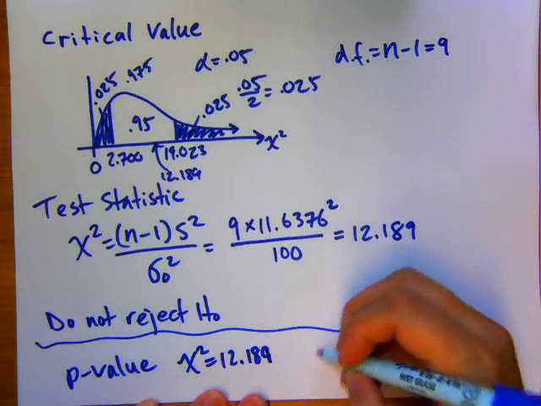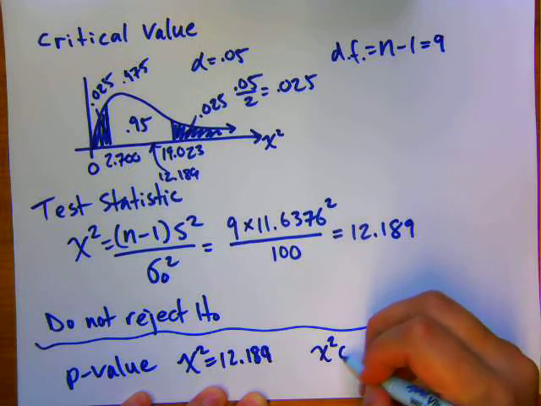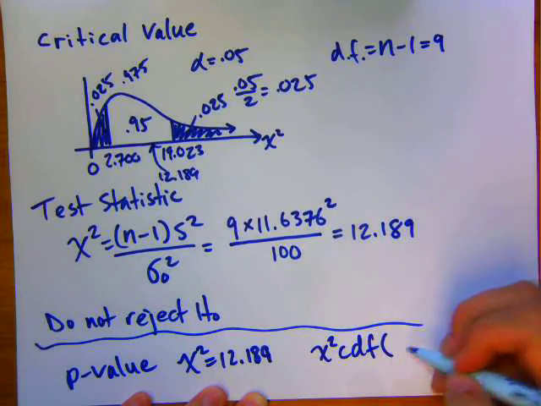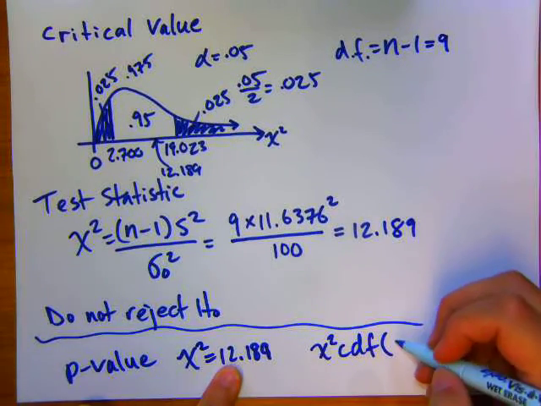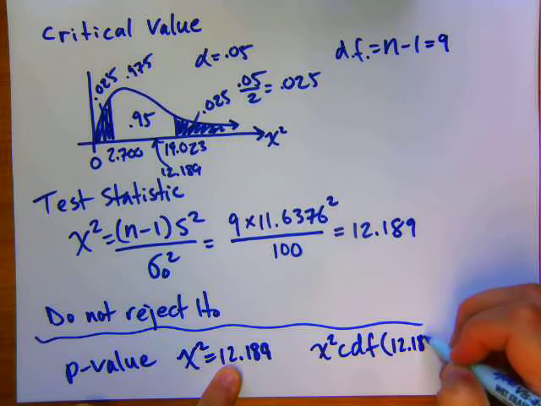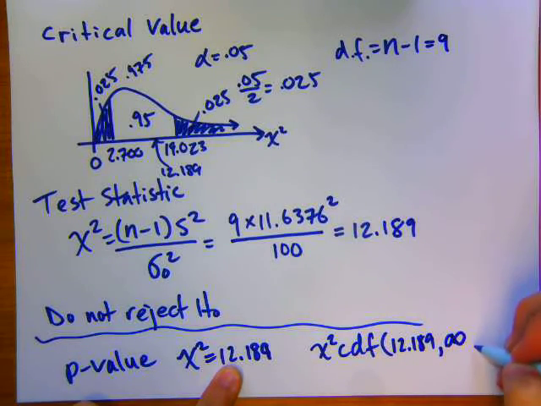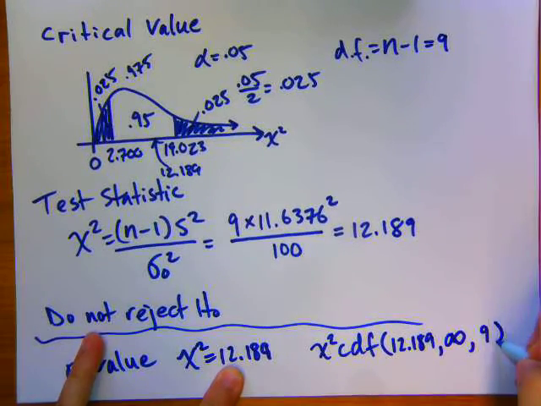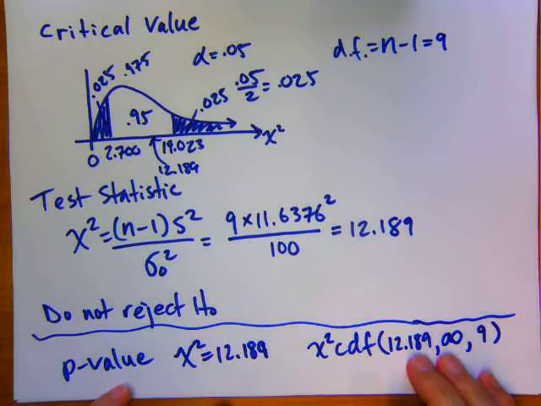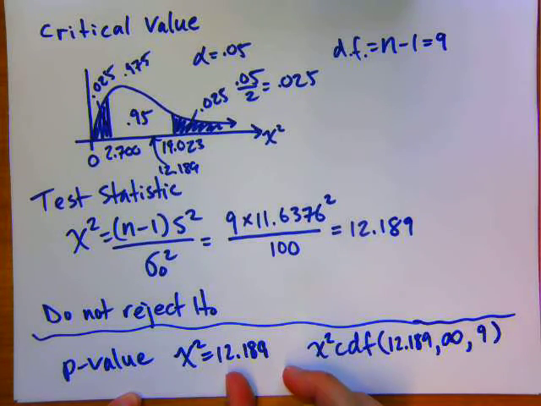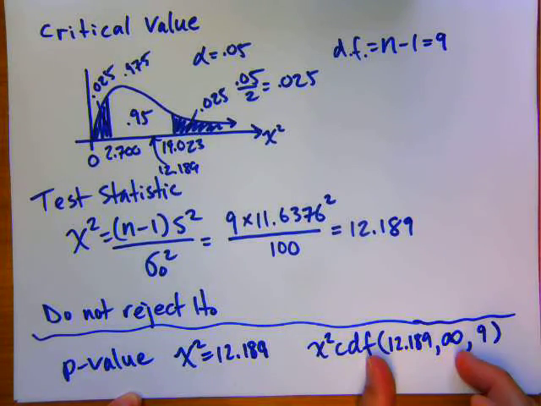So I can use my chi-squared CDF and think about the lower limit as my test statistic and my upper limit as infinity and 9 degrees of freedom. And what that gives you is just the area in the right-hand tail. You would still need to multiply that by 2 for a 2-tailed test.